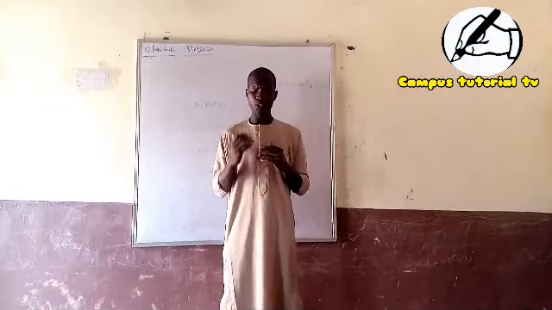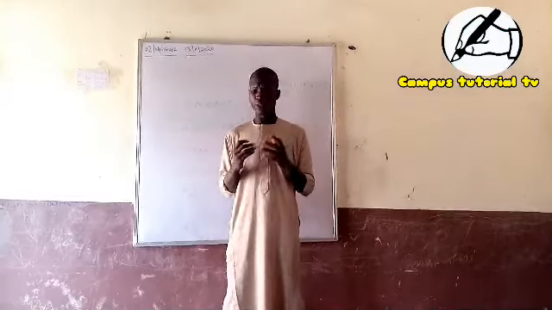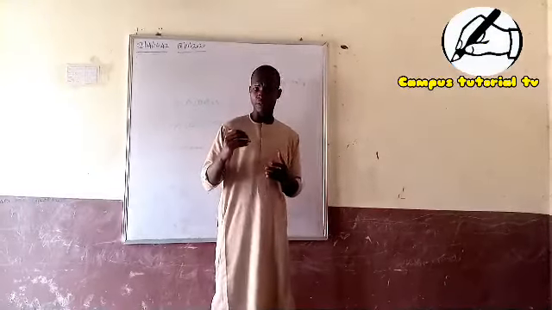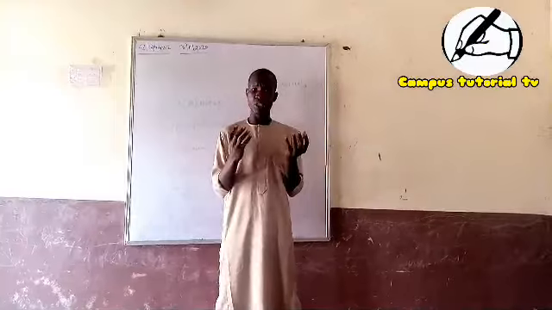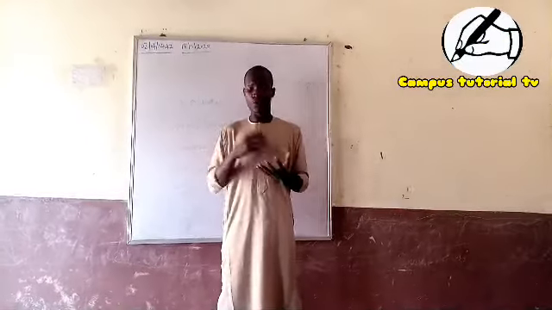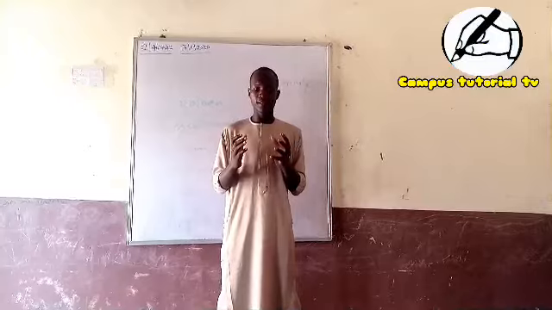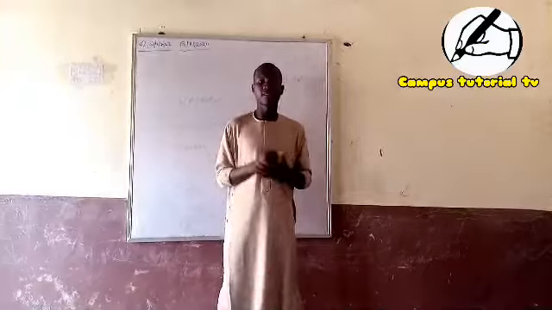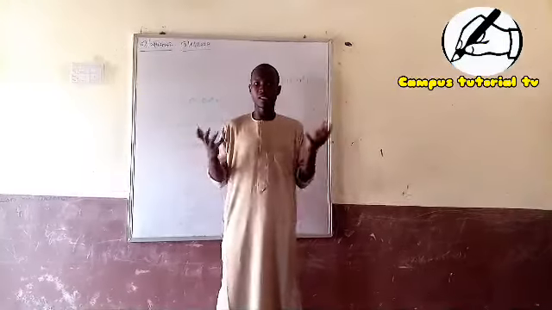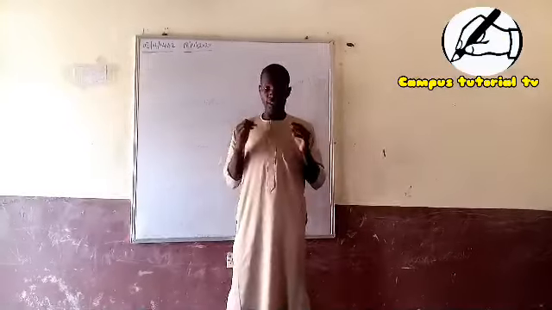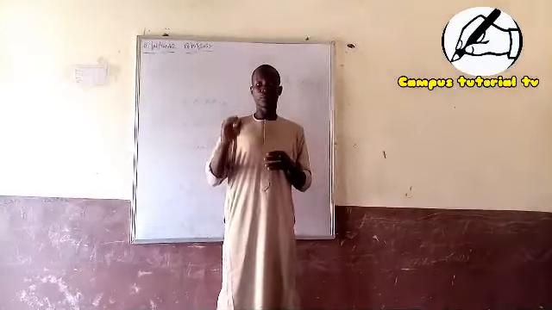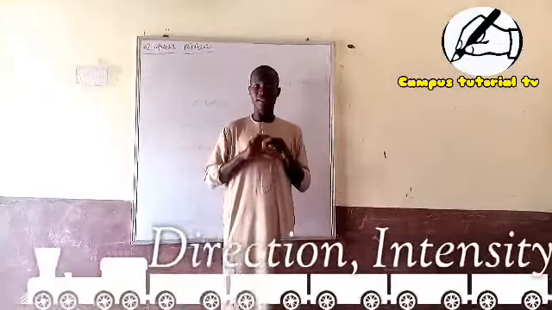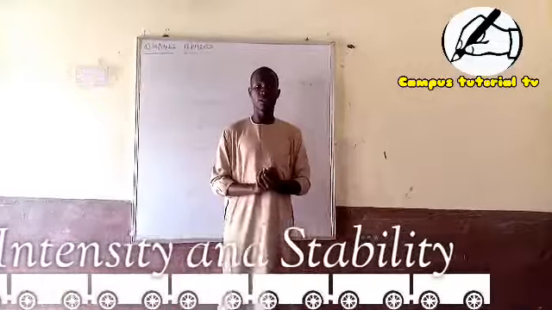But here, a component of public opinion is more like a stage or level at which public opinion is formed, or better still, a phase that public opinion goes through to arrive at a certain level. The first one here is direction. The second is intensity, and the last is stability.